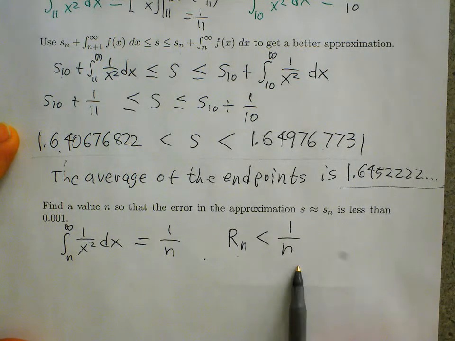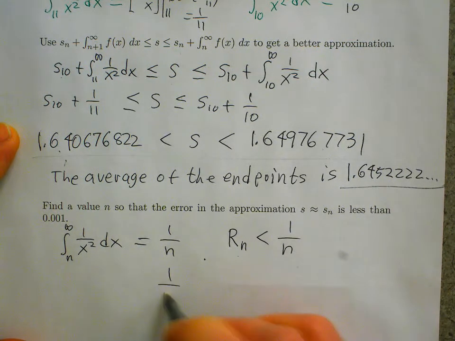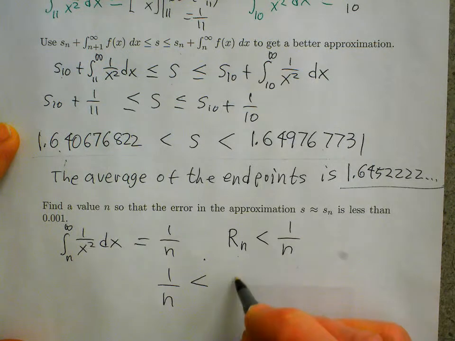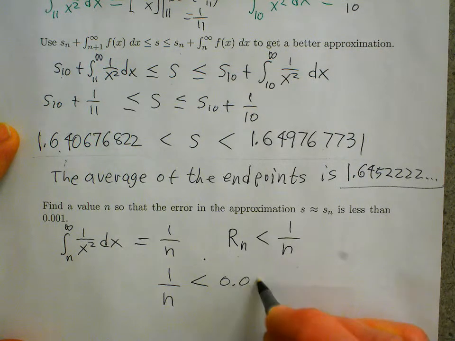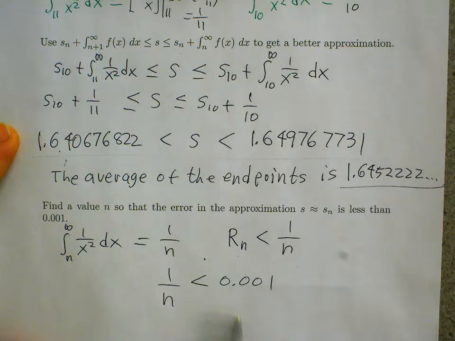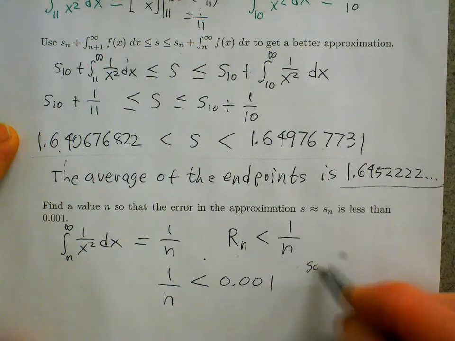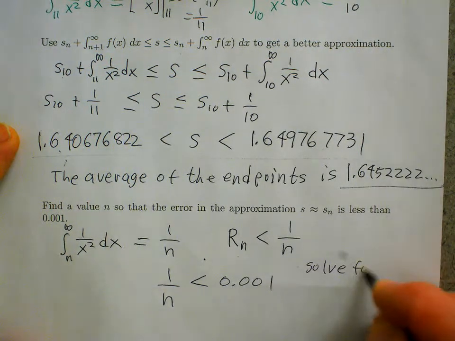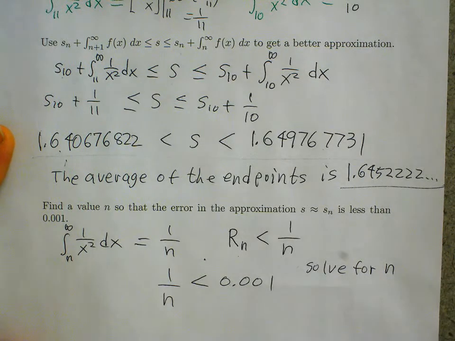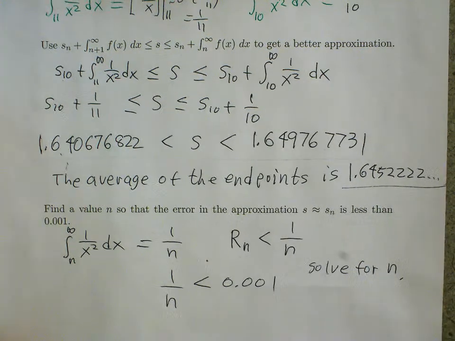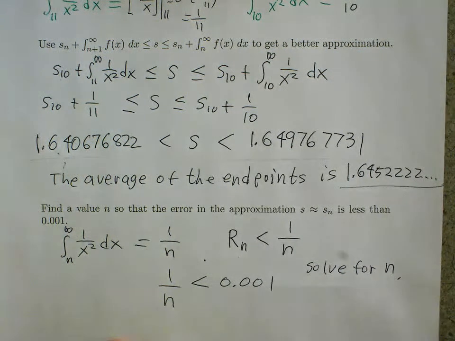And so what we want is 1 over n to be less than 0.001. And when we solve this for n, what do we get? 0.001 can be written as 1 over 1,000.